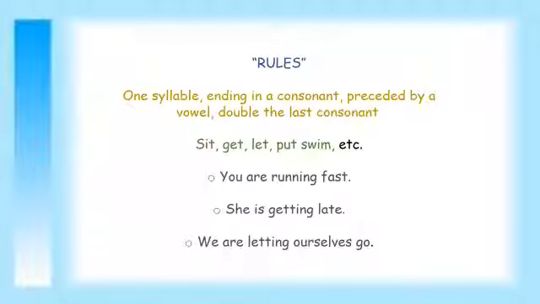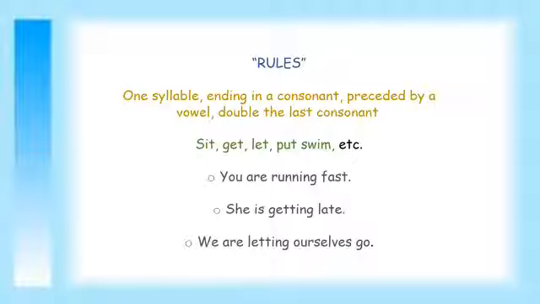Another rule is that when a verb of one syllable ends in a consonant preceded by a vowel, you have to double the last consonant. For example, the verbs sit, get, let, put, swim, etc. These verbs end in a consonant preceded by a vowel, and in this case we have to double the last consonant.